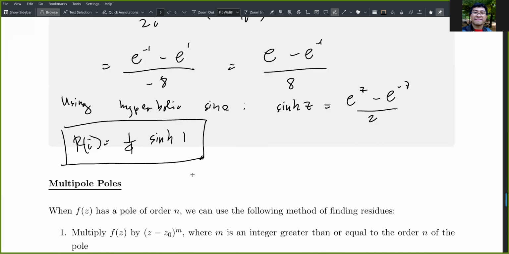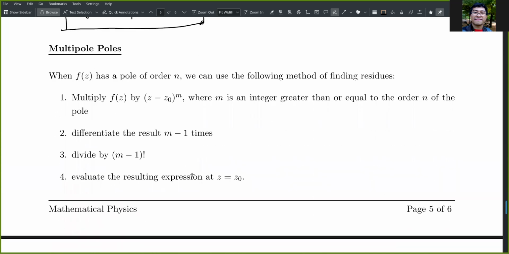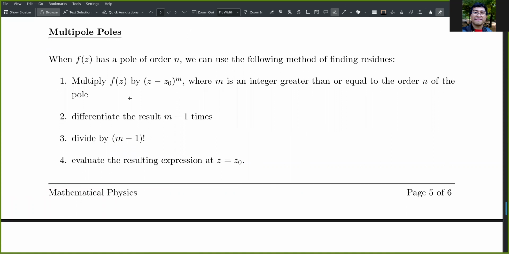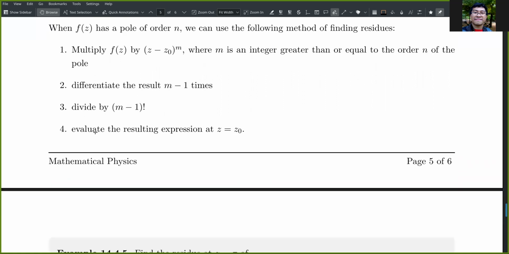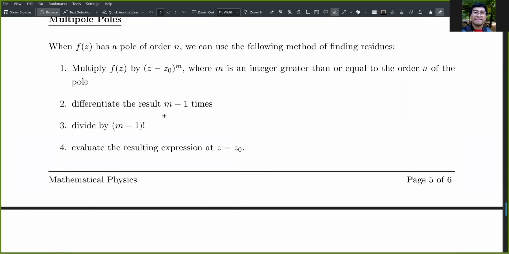Now suppose you have multiple poles. When f(z) has a pole of order n, we can use the following method for finding the residues. First, multiply f(z) by (z minus z naught) to the m, where m is an integer greater than or equal to the order n of the pole. Next, differentiate m minus 1 times, divide by (m minus 1) factorial, and evaluate the resulting expression at z equals z naught.